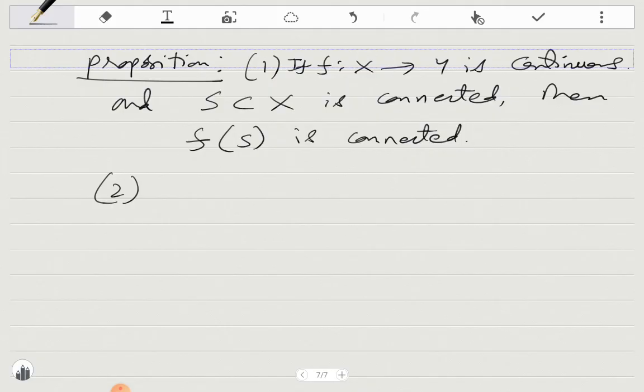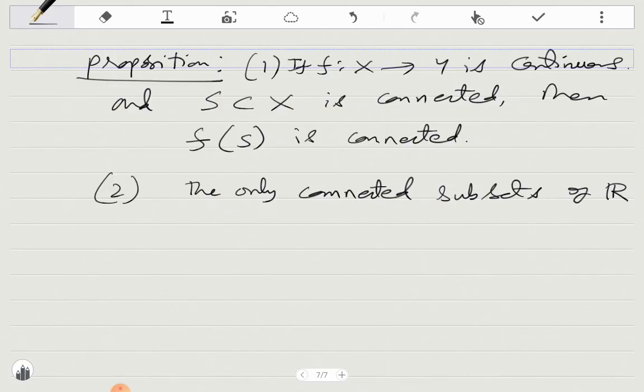which is that, actually this is only true in R, the only connected subsets of the real line are intervals.